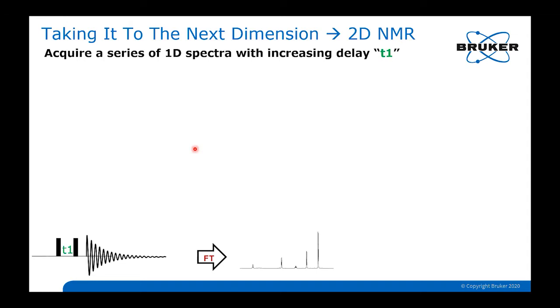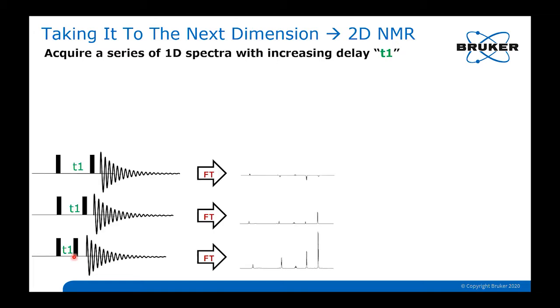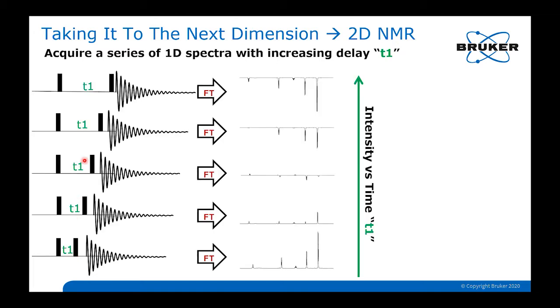Taking this to a second dimension, now we have an internal delay that will increment as we acquire multiple 1D spectra. Once we process each of these 1D spectra, individual peaks will have varying intensities. So then if we look at individual points in this 1D spectrum, we'll have an indirect intensity versus time.